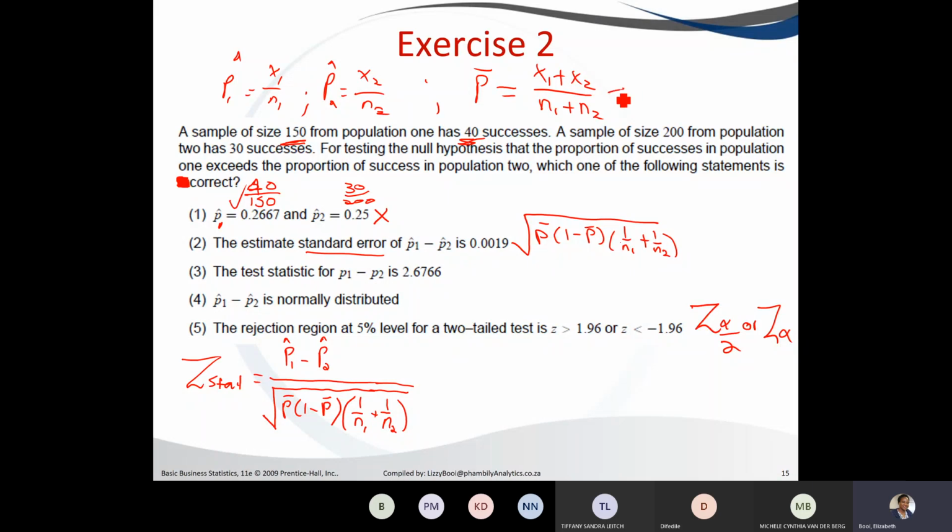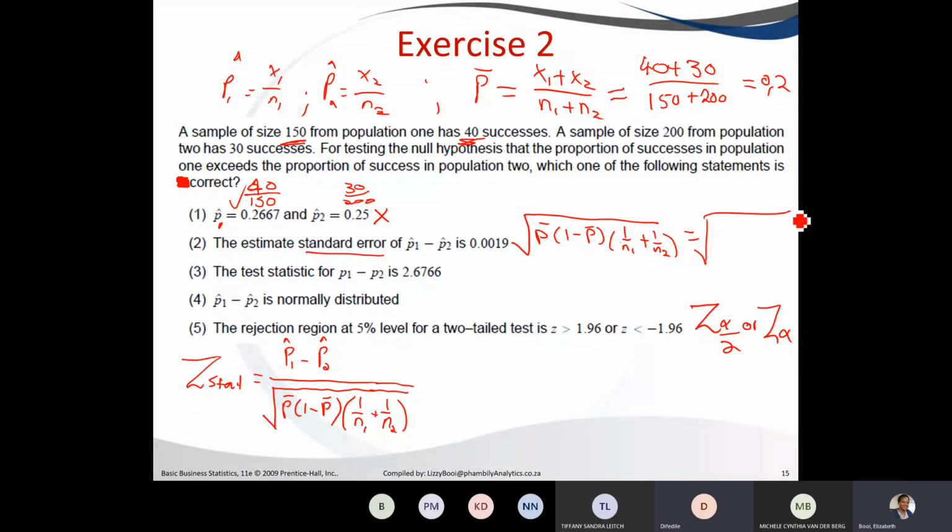If we calculate the point estimate, it is 40 plus 30 divided by 150 plus 200. What do you get? 0.2. Then we substitute into this formula.